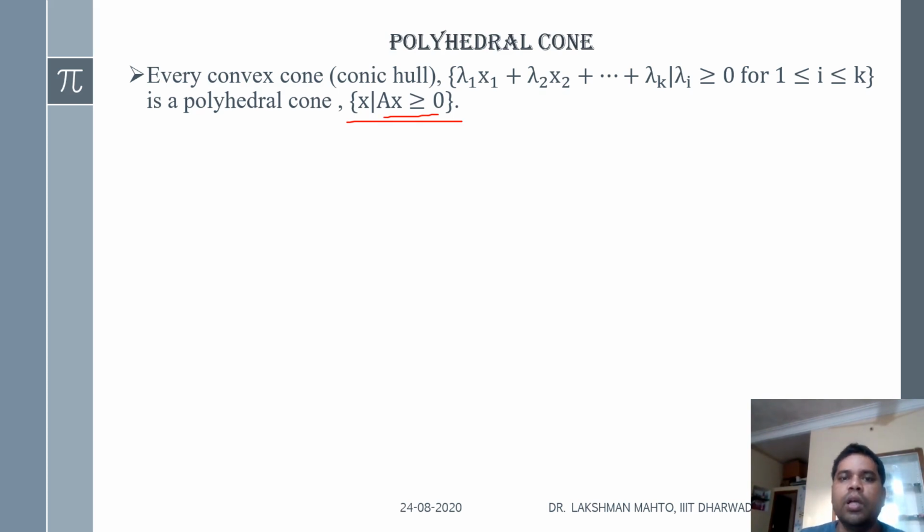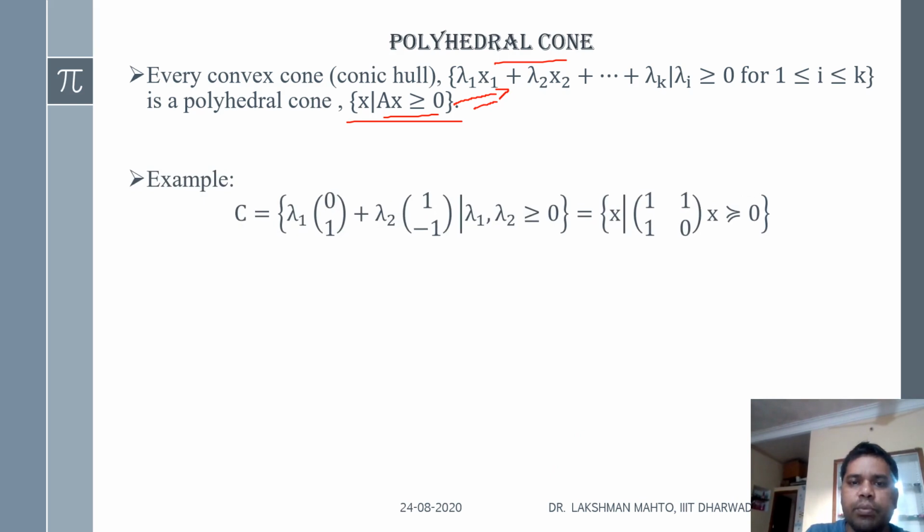Algebraically, it is a collection of vectors which satisfy a system of linear inequalities, that is, more than one inequality. We will see that this polyhedral cone is equal to the conic combination of a given set of vectors. Both are equal to each other.